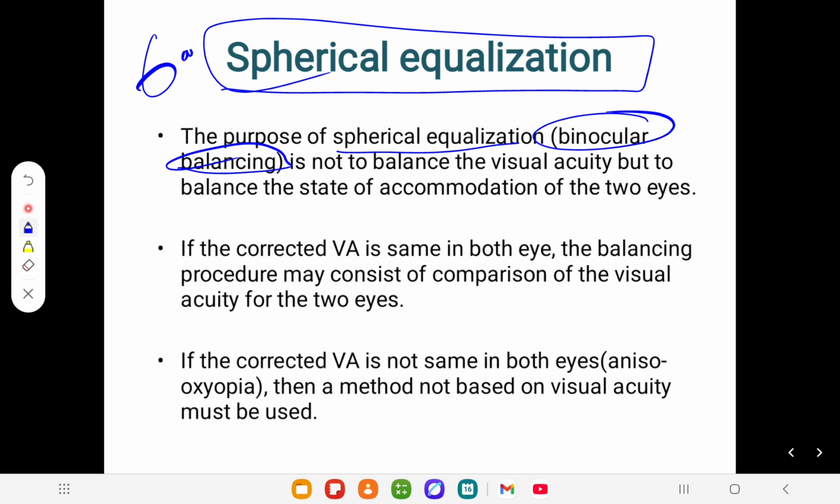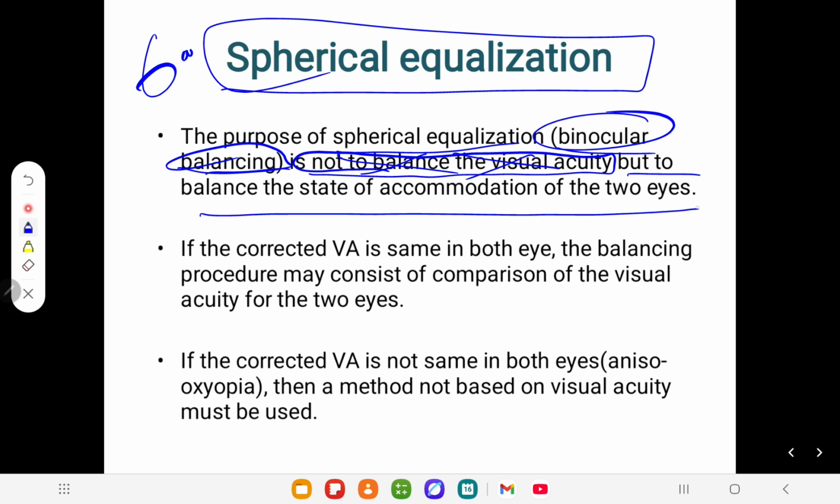A lot of students say the purpose of spherical equalization is balancing visual acuity. Oh God, that's absolutely wrong. Because the purpose of binocular balancing is not balancing the visual acuity. That's clear in the definition. Not balancing visual acuity, but balancing the state of accommodation of the two eyes. We want the two eyes to accommodate equally, not the right eye accommodating more and the left eye accommodating less.